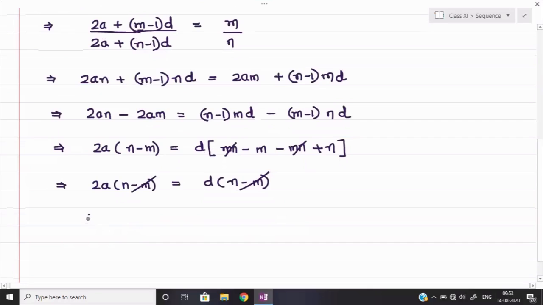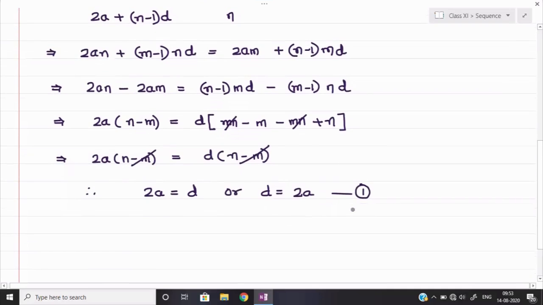We can say that therefore we got 2a is equal to d, or you can say that d will be equal to 2a. So after simplifying the given, we got this relation, d will be equal to 2a. Now we need to find out the ratio of their mth and nth term. Okay, so we shall write down now according to the question what we required.